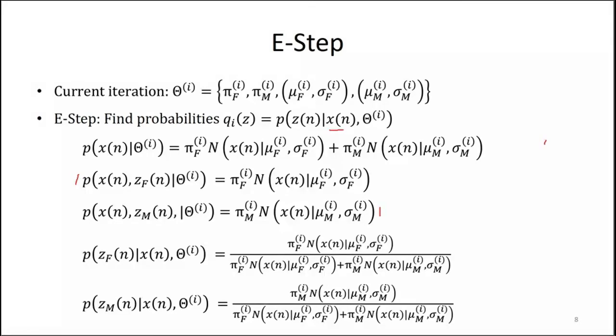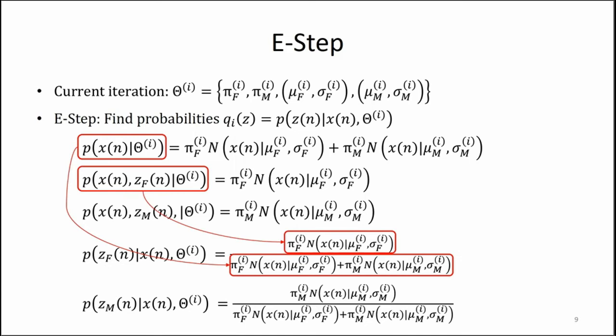Therefore, the conditional probabilities of the hidden variable z are given by these expressions here, and you can see why, because the denominator of this expression, let's focus on female, is equal to P of x n, and the numerator is equal to P of x n comma z f, and therefore the ratio of the numerator to denominator is P of z f given x n.